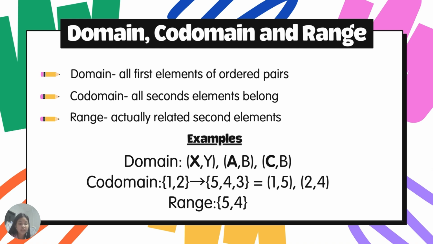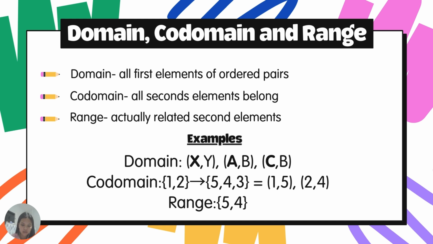Although the codomain is 5, 4, and 3, the range is only 5 and 4. I hope you won't misunderstand that part, the codomain and range, because that's where the hard part of math comes in, having a misconception of the topic or the key concept.